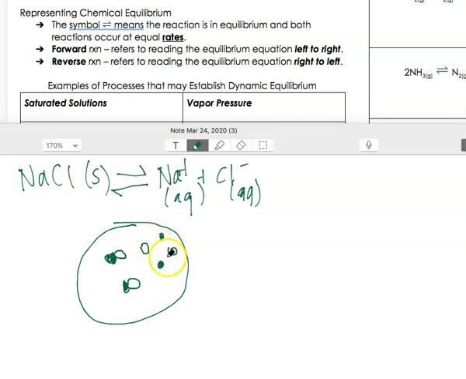And then these guys end up joining together, forming an ionic bond, and then they go back in the reverse direction. And so this is an example of equilibrium where you're going from here to here, and then from here to here, you're going back in the reverse direction. So you're dissolving, I would write this down.